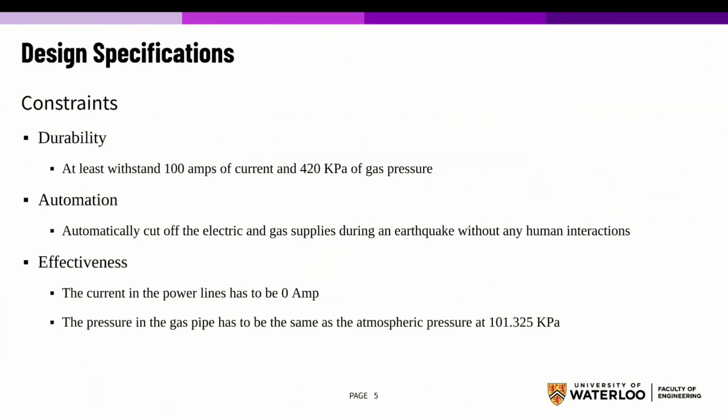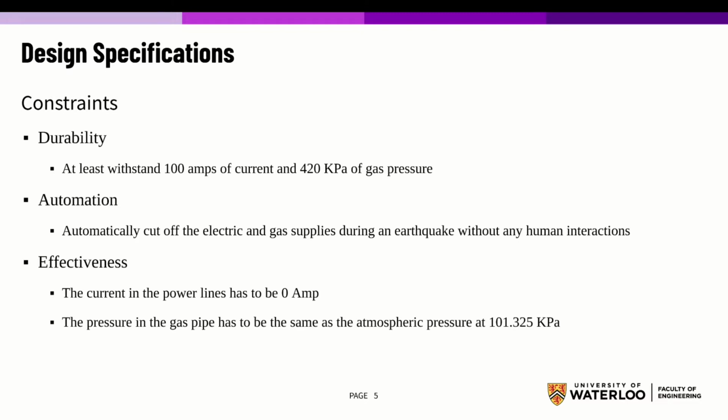In order to implement the system on the power and gas systems in a household, it has to withstand the current and the gas pressure from a typical household. Thus, the first system constraint is that the system can at least withstand 100 amps of current and 420 kPa of gas pressure. Additionally, the second constraint is that the system must automatically cut off the electric and gas supplies during an earthquake without any human interaction.